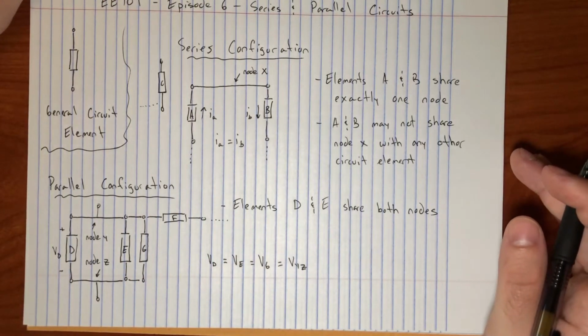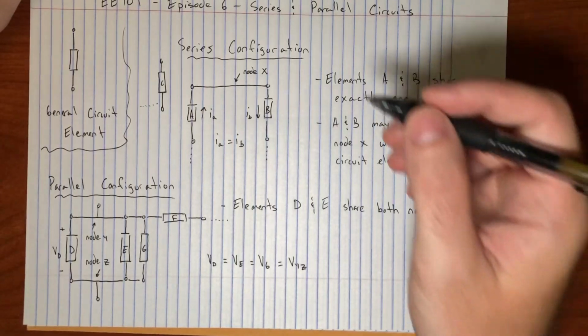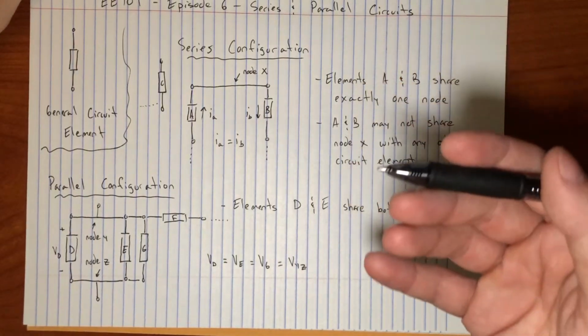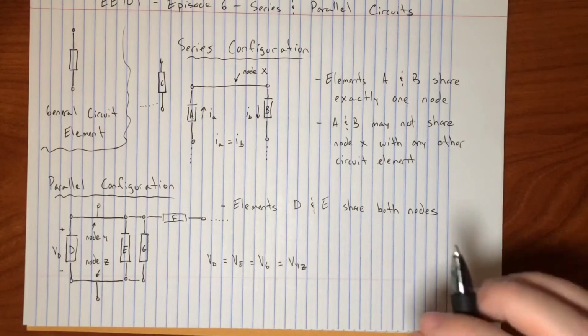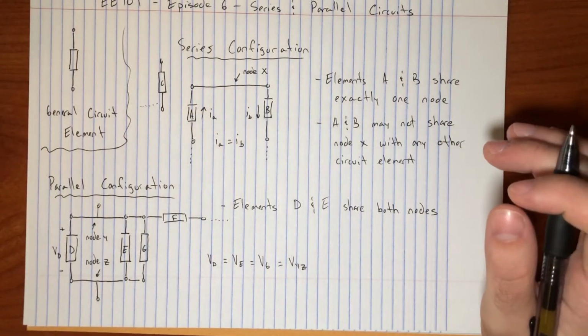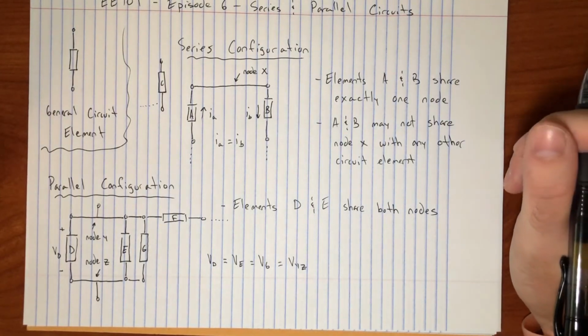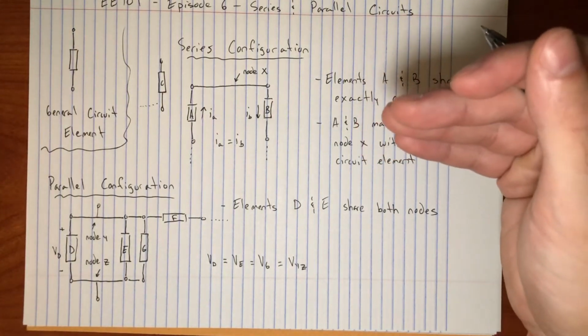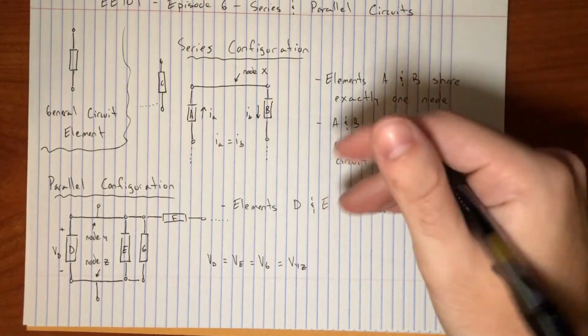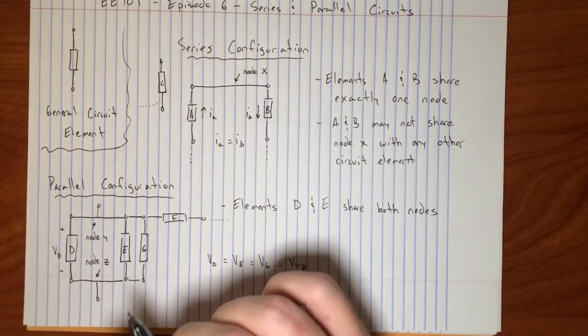Just like in the series configuration relative to KCL, it's not that if you just see two equal voltages in a circuit, those elements are in parallel. No, it's that a consequence of elements existing in a parallel configuration is that their voltages are identical.